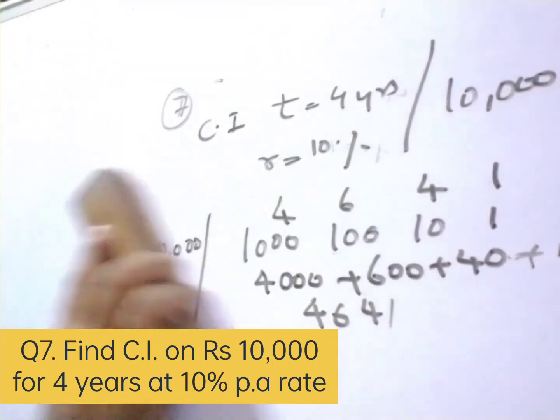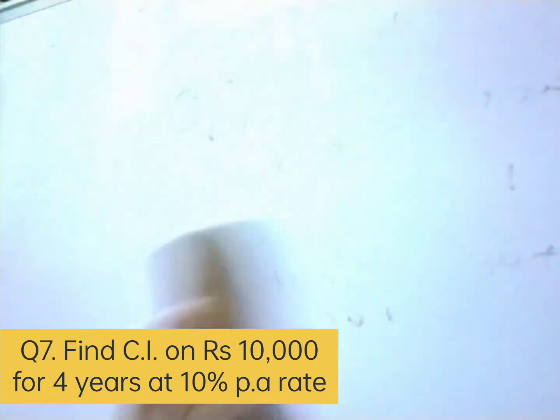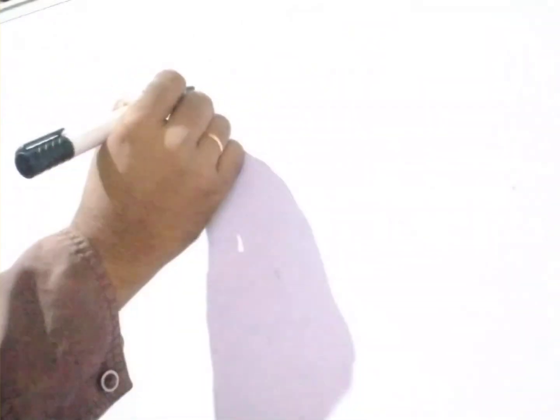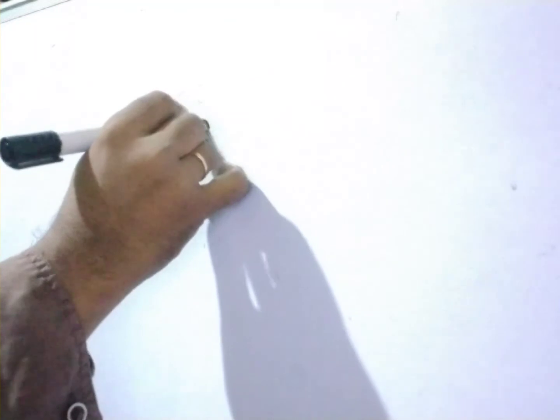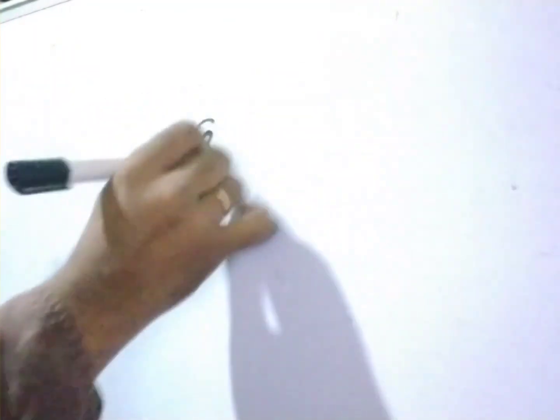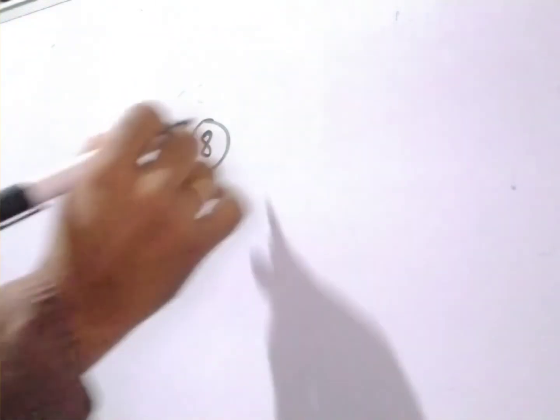Same model. Next question. Compound interest, time is 4 years.